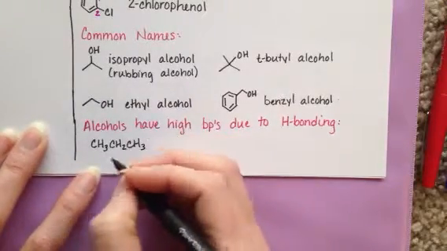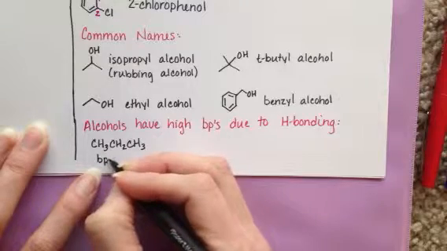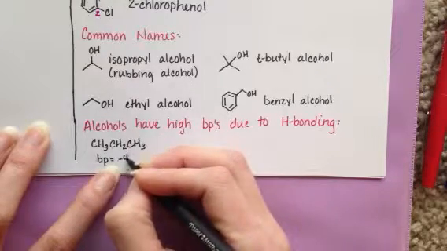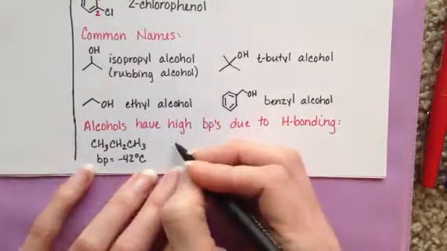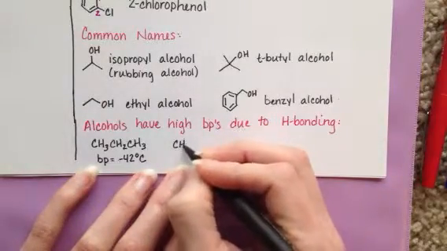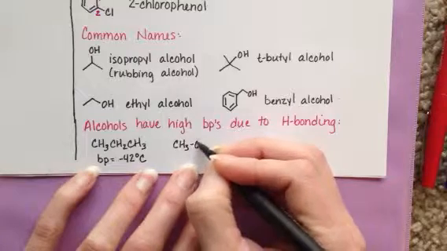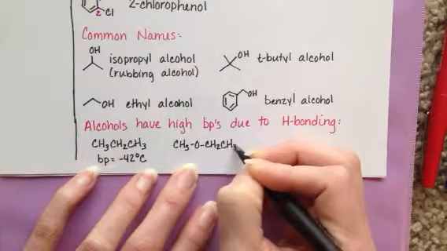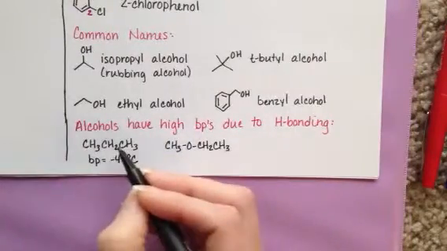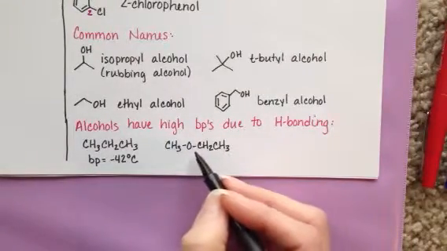This is propane. It has a boiling point of -42. This is a 3-carbon ether. It's going to have a higher boiling point than propane, in part because it has a higher molecular weight.